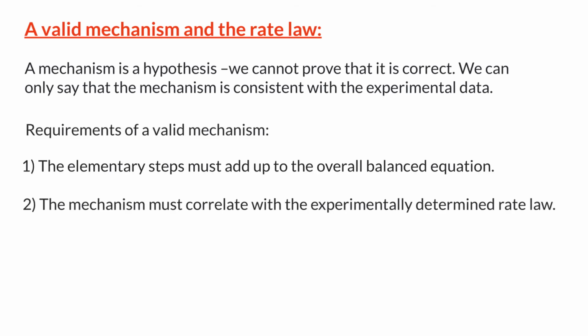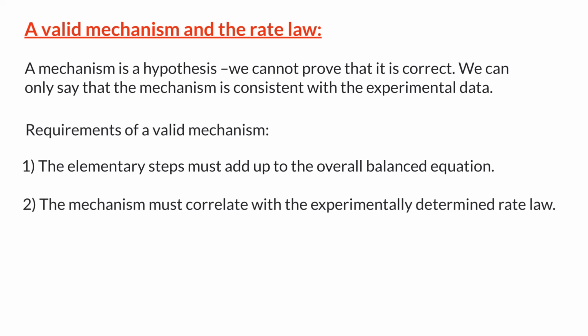A valid mechanism must always meet the following criteria. 1. The elementary steps must add up to produce the overall balanced equation. And 2. The mechanism must correlate with the experimentally determined rate law.